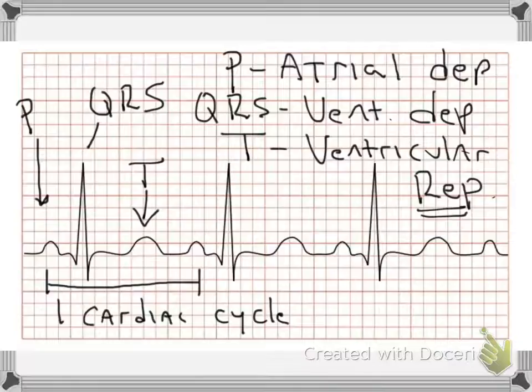So it means we're returning to minus 90 millivolts, and hopefully you'll remember that what the electrocardiogram results from is the electrical activity in a cardiac myocyte. So those muscle cells are going from minus 90 to plus 30 millivolts. Well, when we go from minus 90 to plus 30, that's depolarization.